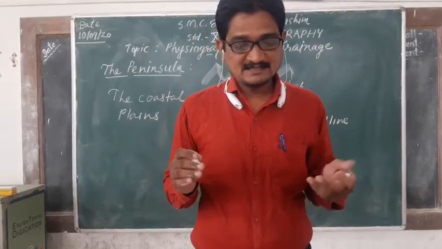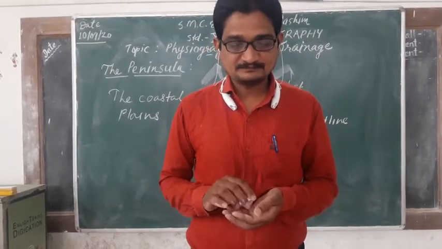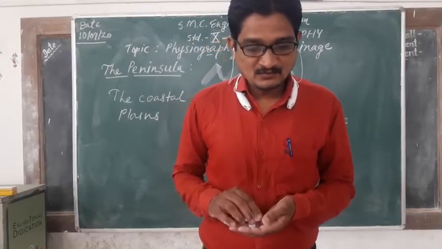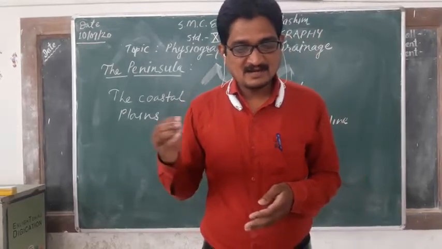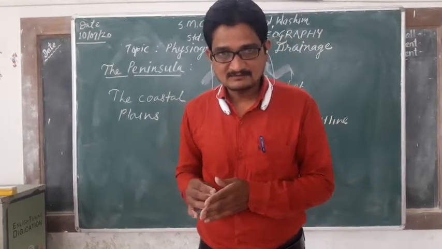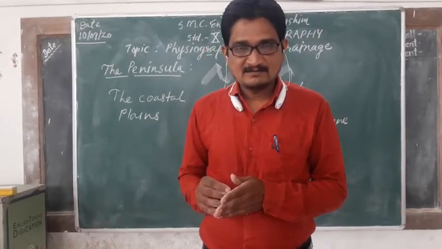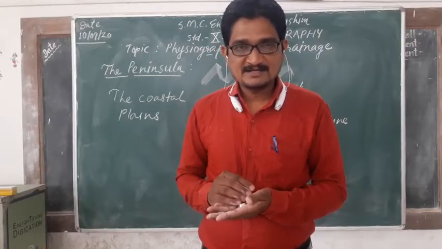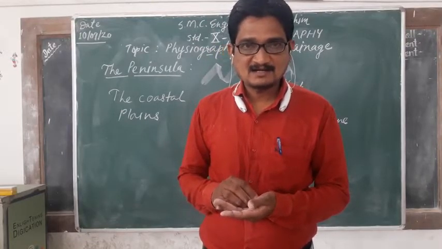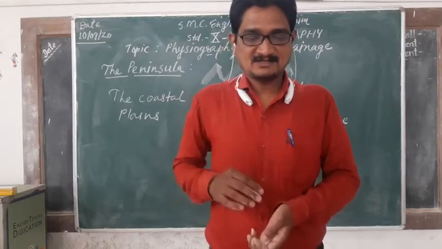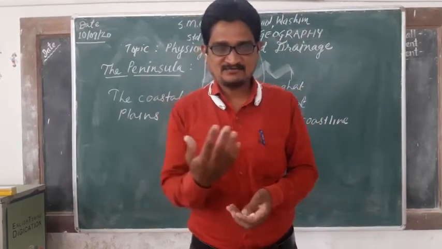Its width is also less. Rivers originating from the Western Ghats are short. Whatever rivers originate from the Western Ghats, all these rivers are short and swift.